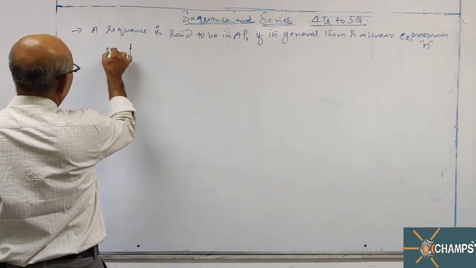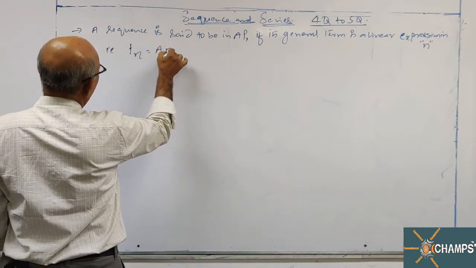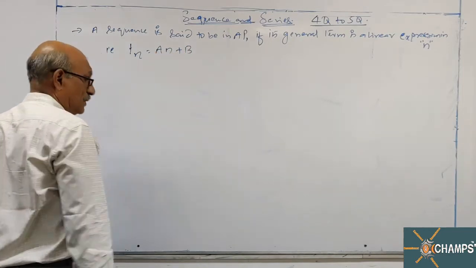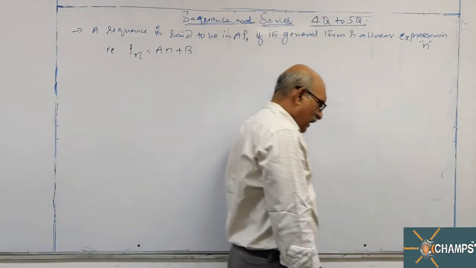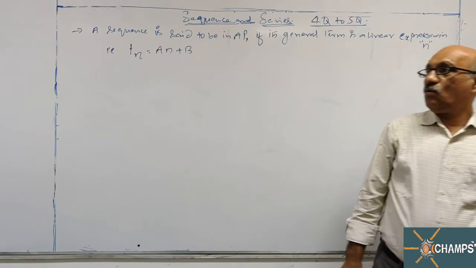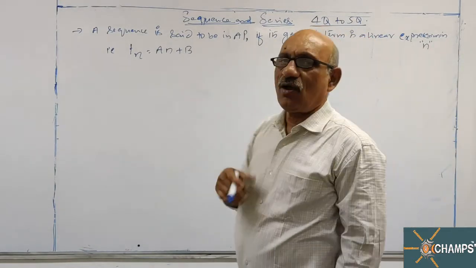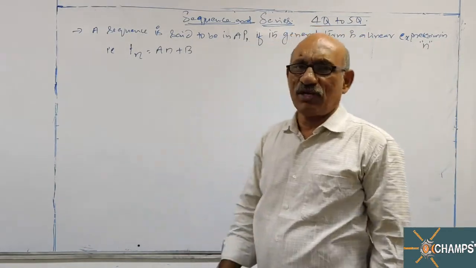That is, Tn is equal to An plus B form. When it is given in this manner, it will always represent an arithmetic progression.